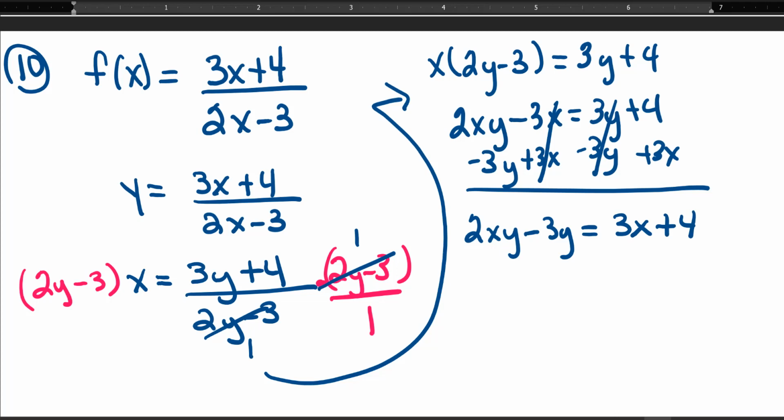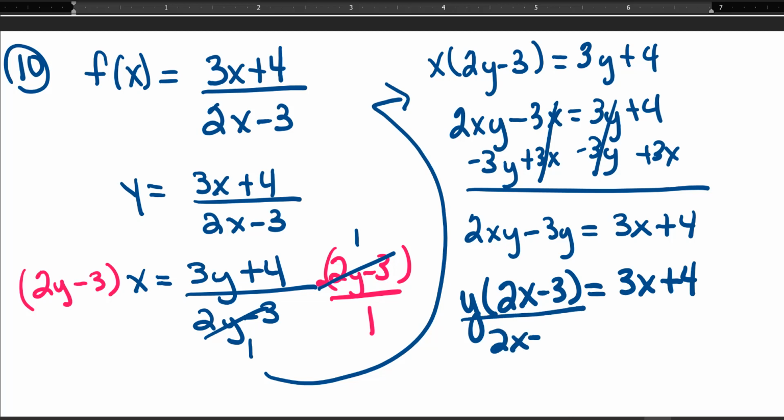On the left-hand side, we are going to factor out a y because we just want y alone. And the only way that we can do that is by factoring. Factor out a y, and we have y times 2x minus 3 equals 3x plus 4. And then divide 2x minus 3 to both sides.